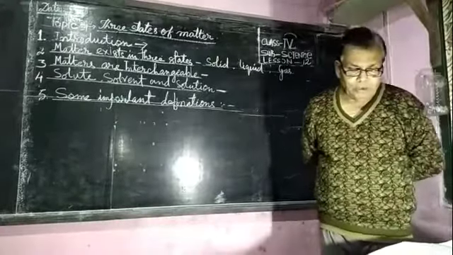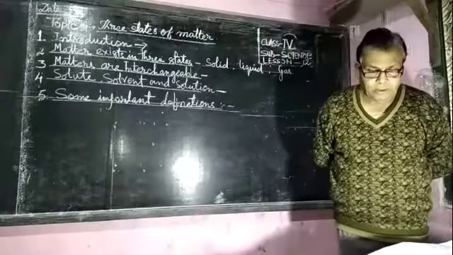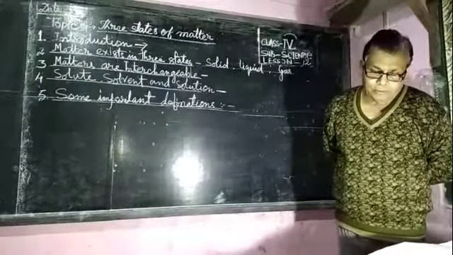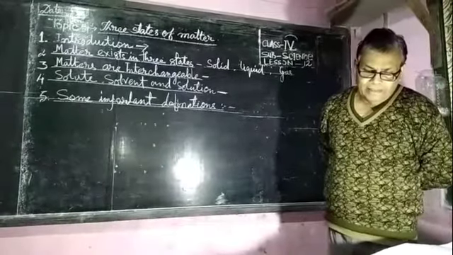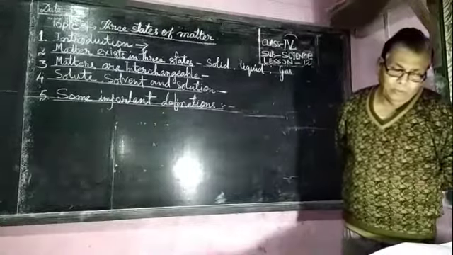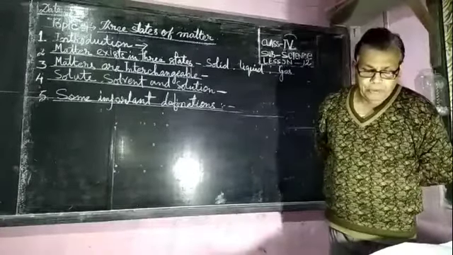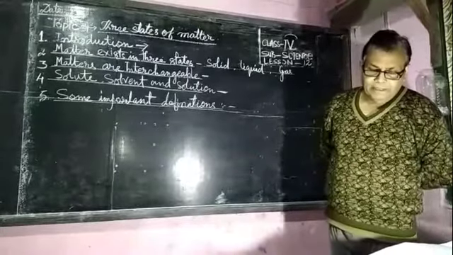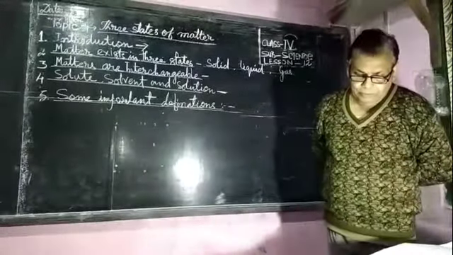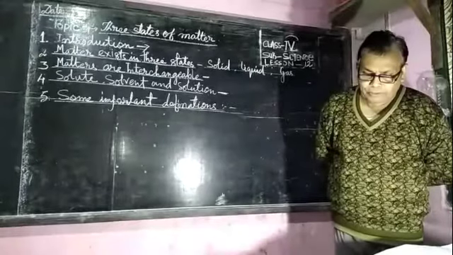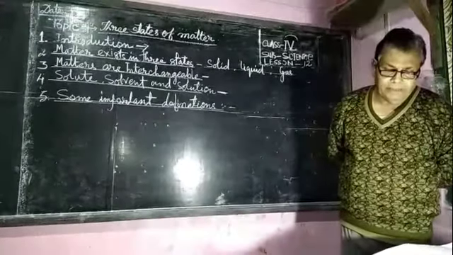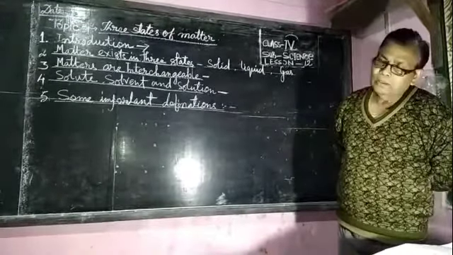Take a glass of warm water, put a teaspoon of salt into it and stir it. The salt will dissolve in water and disappear from view. Salt is the solute, that is solid. Water is the solvent and their mixture is the solution.